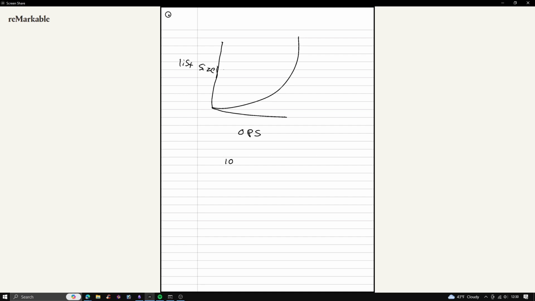That means that our list has to be like 2 to the 10. Or not 2 to the 10, it has to be like 1 plus 2 to the 10, I actually think.